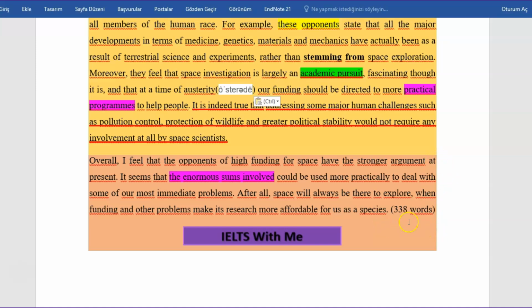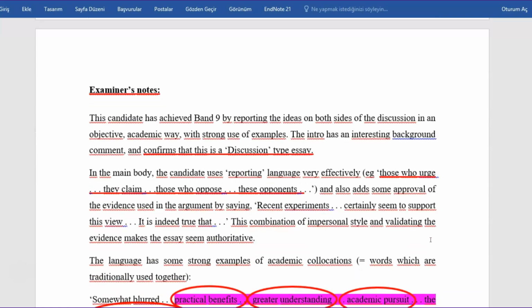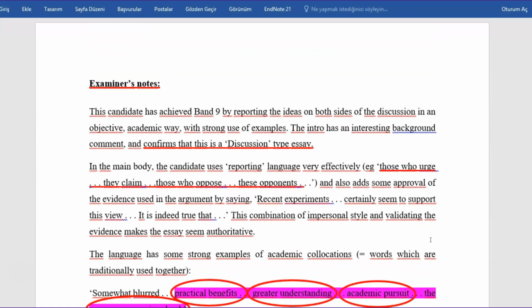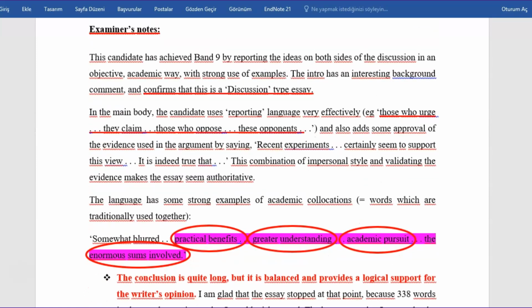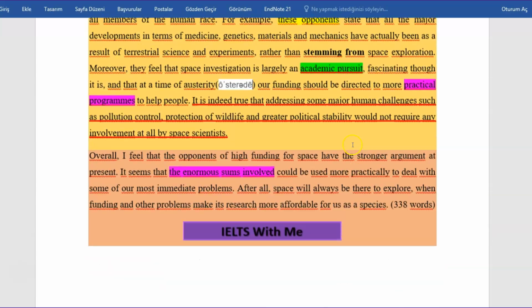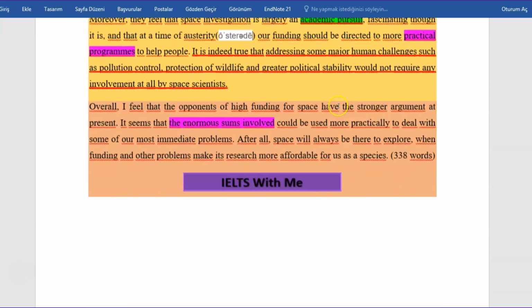Here, there is some issue that the conclusion paragraph is a little bit too long. Okay, please take a look at the examiner's note. Again, here we have a discussion type essay, and it is clear in the first paragraph.